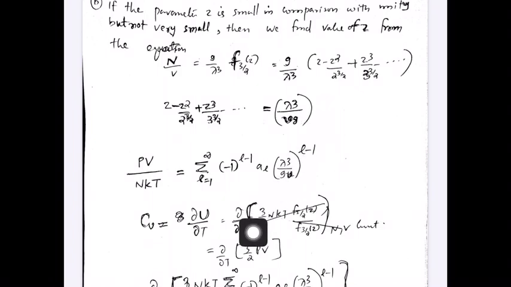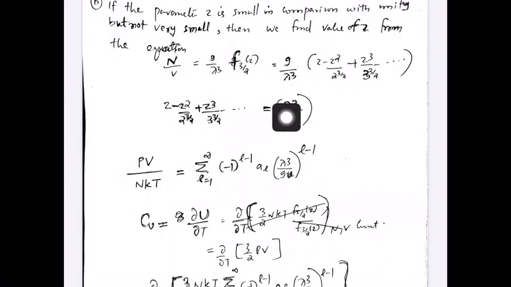Since the PV/NkT has a term λ³/(vg) in the denominator, as we divide, we will get this a_l (λ³/vg) to the power l minus 1. This is l, but as you divide it by the λ³/gv that is present in the denominator, its power becomes l minus 1.